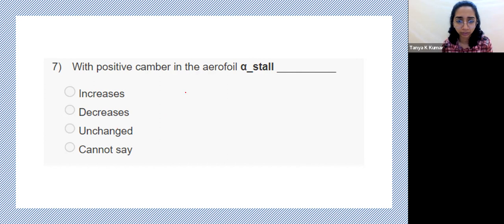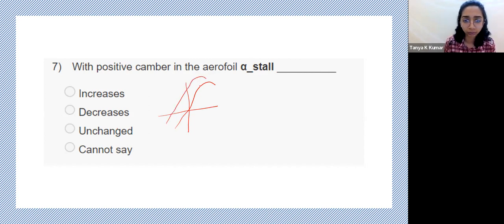So if you have a positive camber keeping all of the characteristics the same, you just shift the graph slightly here. All other properties remain the same. You just move the graph here.